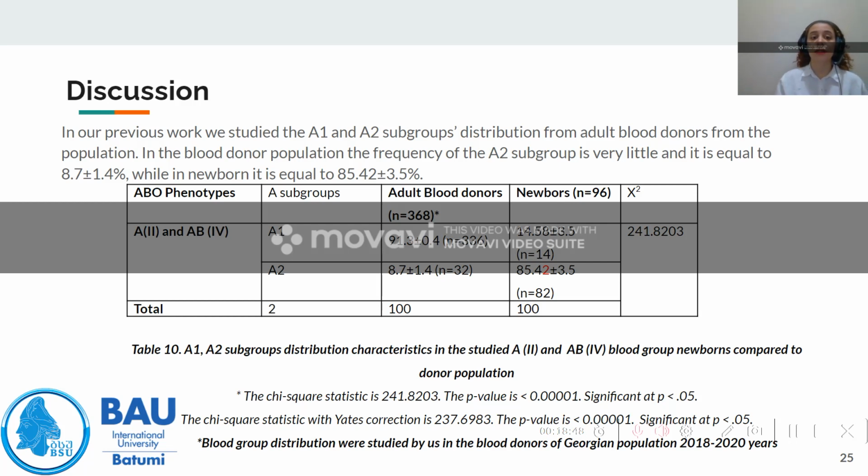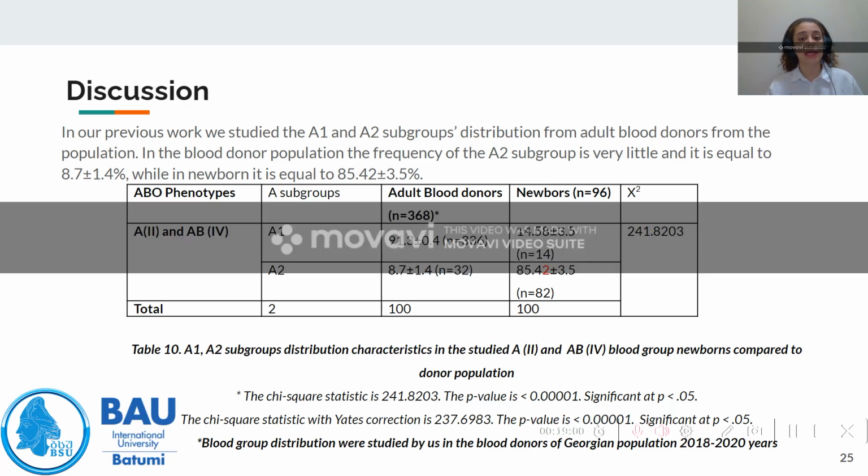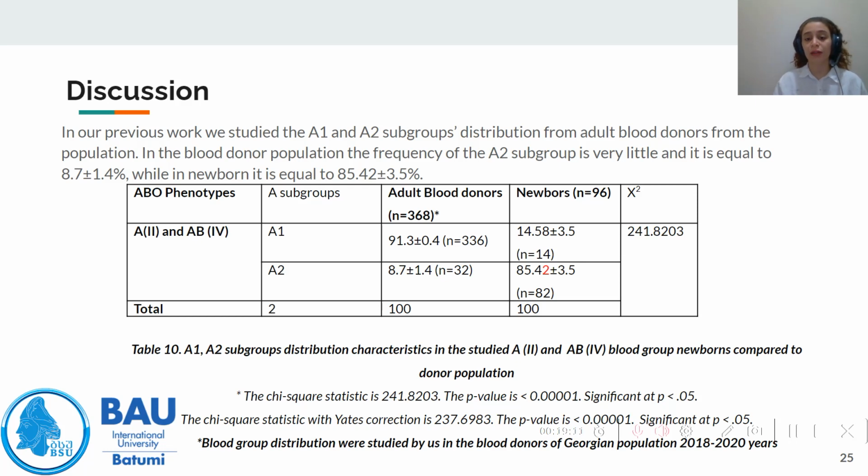In these donors, we saw that the frequency of the A2 subgroup is very little and is equal to 8.7%, while in the newborns in our study it was 85%. So we can see how different it is, comparing our newborns, where the majority were of A2, to the general population of our previous study, where adults had a higher distribution of the A1 than the A2 subgroup.